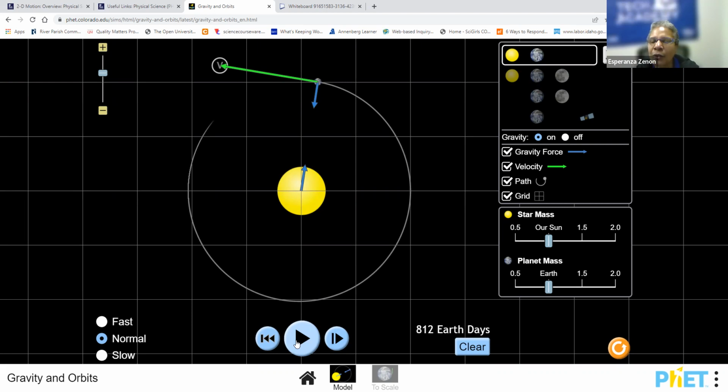Now, who knows the term that we use when we say an object's velocity is changing? What is it doing if its velocity is changing? Nobody knows the term for when an object is in motion and its velocity is changing?